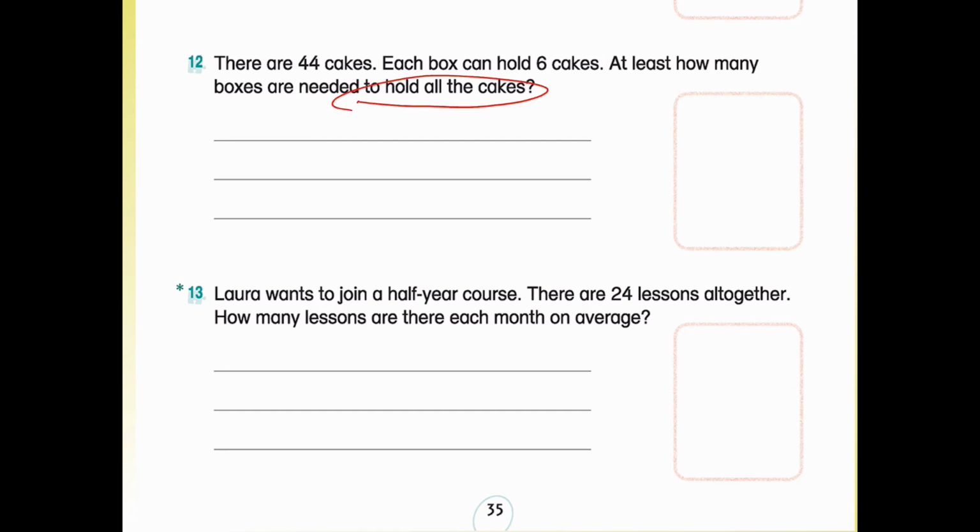So after you have worked out your quotient or the answer, whatever that is, you need to add 1. You need to add one more box in order to hold the remaining cakes.